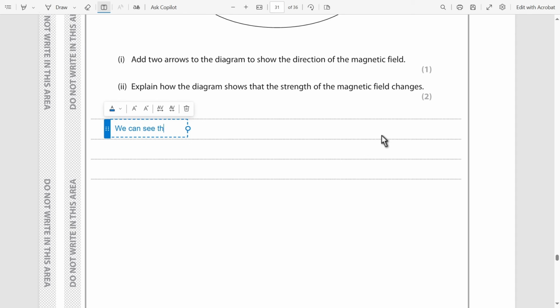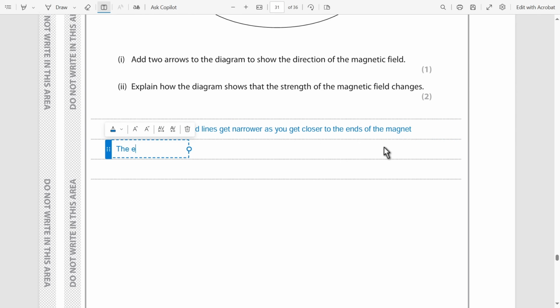Okay, so we can see that the field lines get narrower as you get closer to the ends of the magnet.